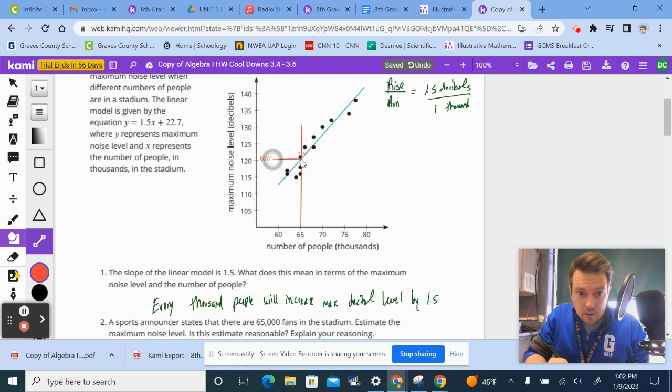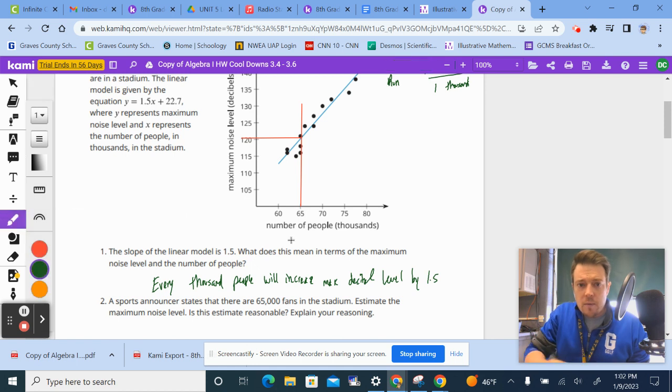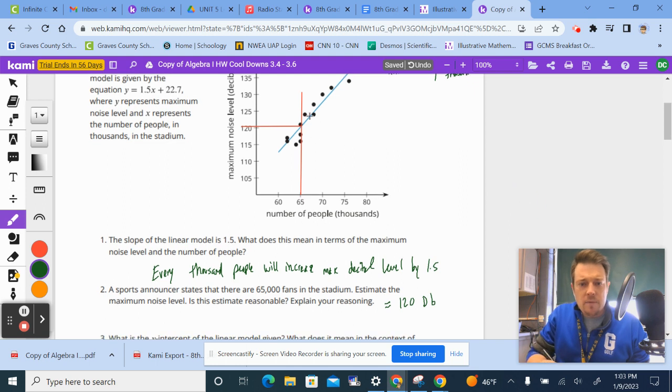Seems like it hits our line right about there. I'm going to say probably a little over 120. I wouldn't say quite 121, but slightly more than 120, about 120 decibels would be our guess. And to explain my reasoning, our line of best fit seems to match the data really well, so it will estimate for us.